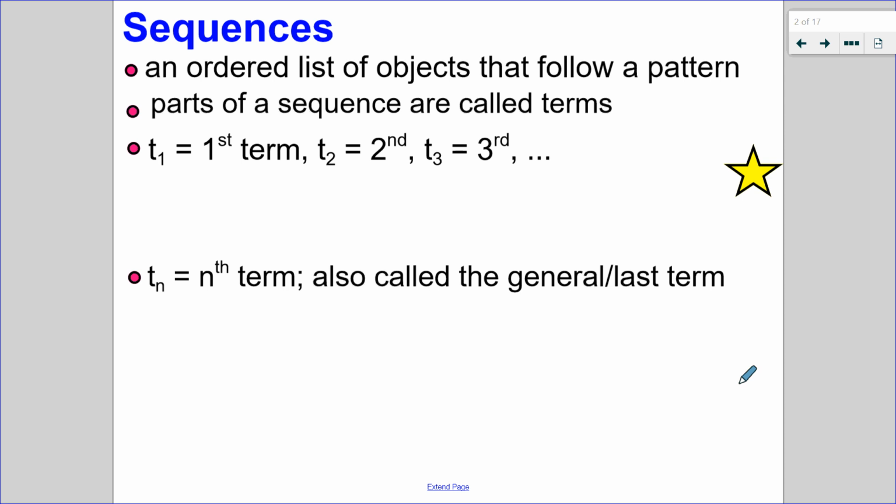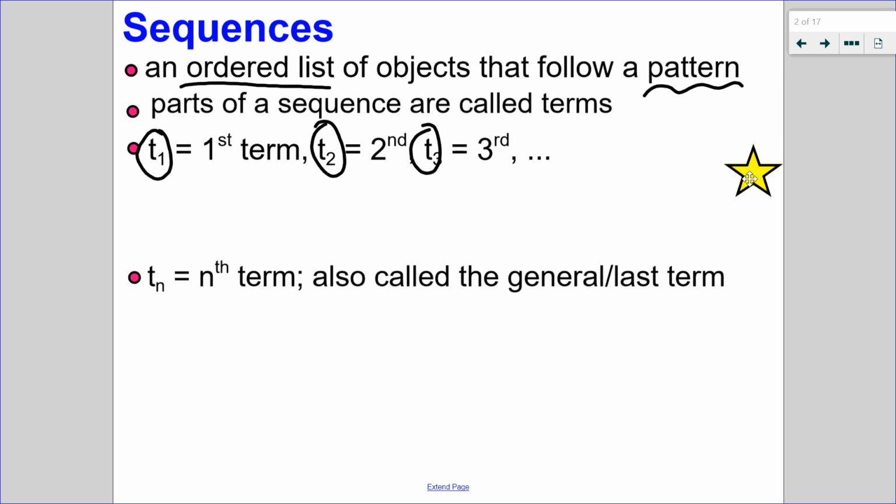A sequence is an ordered list of objects or numbers that follow a definite pattern. The parts of the sequence are called the terms. Because they are terms, we use T for term. So this is T1, the first term, T2, the second term, T3, the third term.